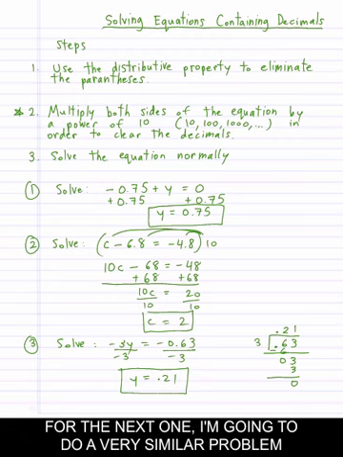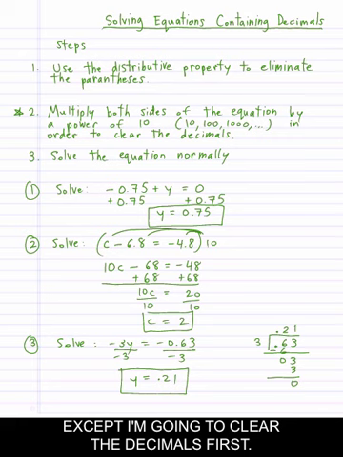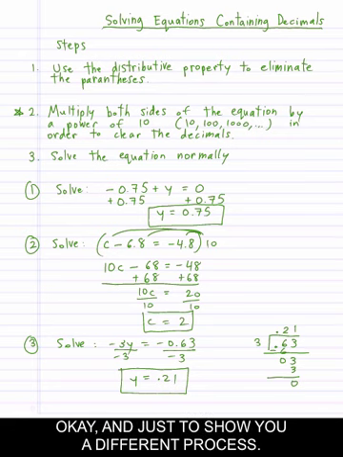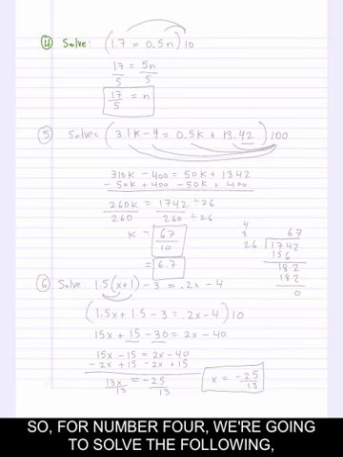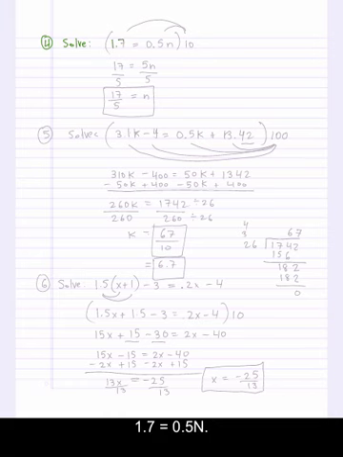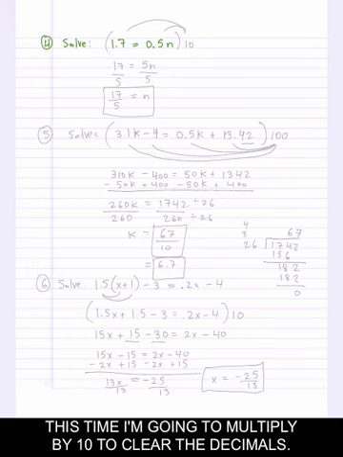For the next one, I'm going to do a very similar problem, except I'm going to clear the decimals first, just to show you a different process. So for number 4, we're going to solve the following. 1.7 is equal to 0.5n. This time I'm going to multiply by 10 to clear the decimals.